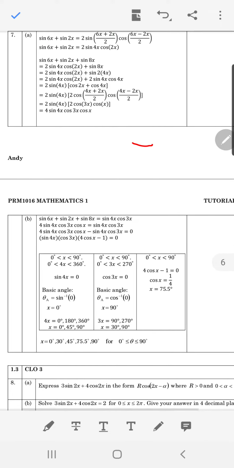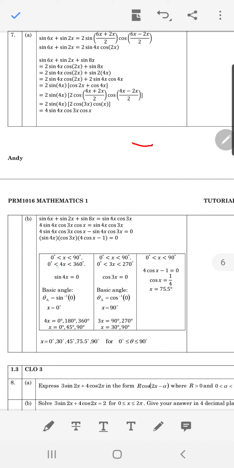After you have proved this, you need to find the angle. So you can factor out all of this already. Then sin 4x equals 0, cos 3x equals 0, and also 4 cos x minus 1 equals 0. The question only wants you to find up to the first quadrant.